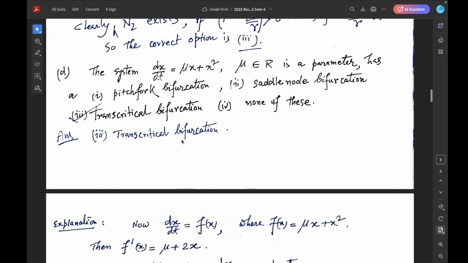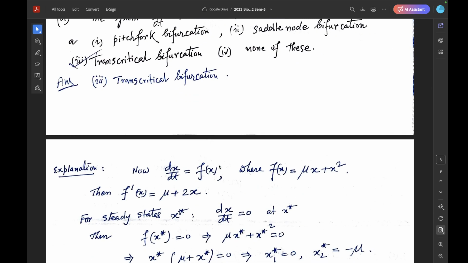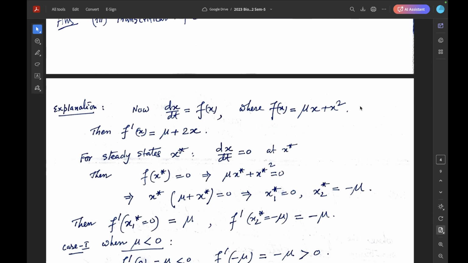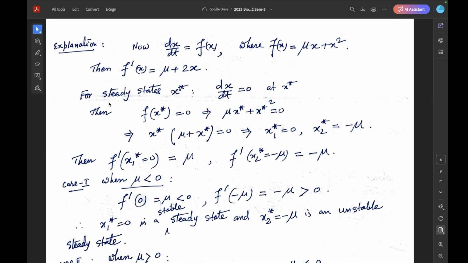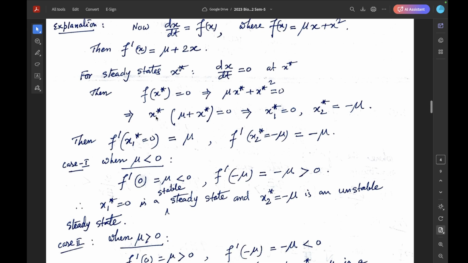Now dx/dt equals mu x plus x square equals f of x, where f of x equals mu x plus x square. Then f dash x equals mu plus 2x. For a steady state x star, dx/dt equals 0 at x star, so f of x star equals 0. So mu x star plus x star square equals 0.